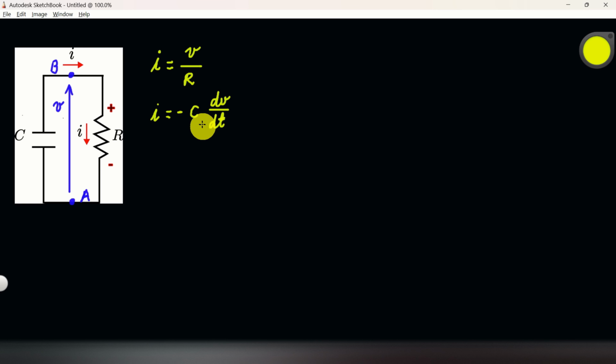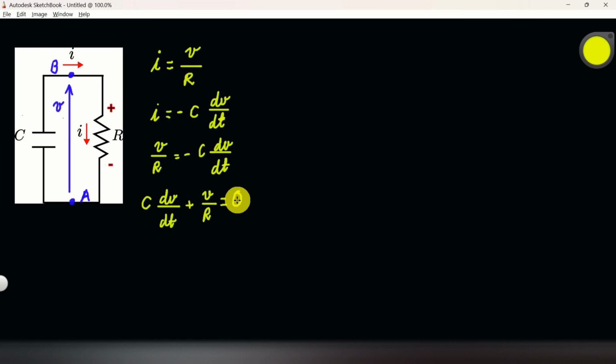From these two equations, we have that V over R is equal to minus C dV over dt. And we can write this equation in a canonical form by moving the term on the right hand side to the left hand side, and we obtain C dV over dt plus V over R is equal to 0.